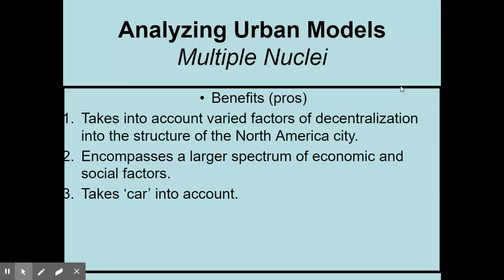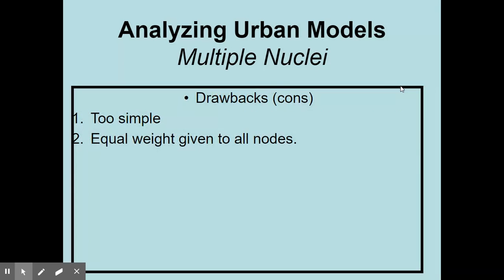Las Vegas is very much based on this model. The drawback is that there would be equal weight given to all nodes, and that's not necessarily true. It's not like the Tech Center has as much gravity as the central business district of Denver. But it is contributing to urban sprawl.